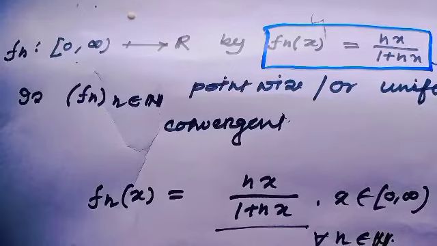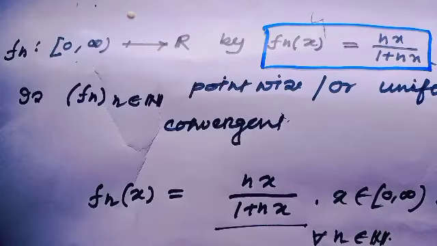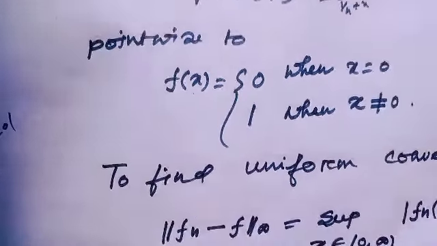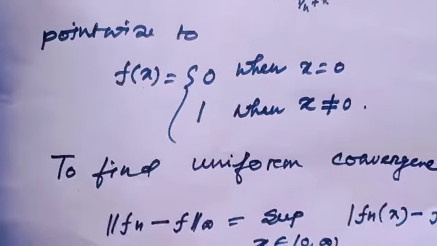So this is a shortcut method for checking uniform convergence. If you find that the pointwise limit is not a continuous function, then the sequence is not uniformly convergent.